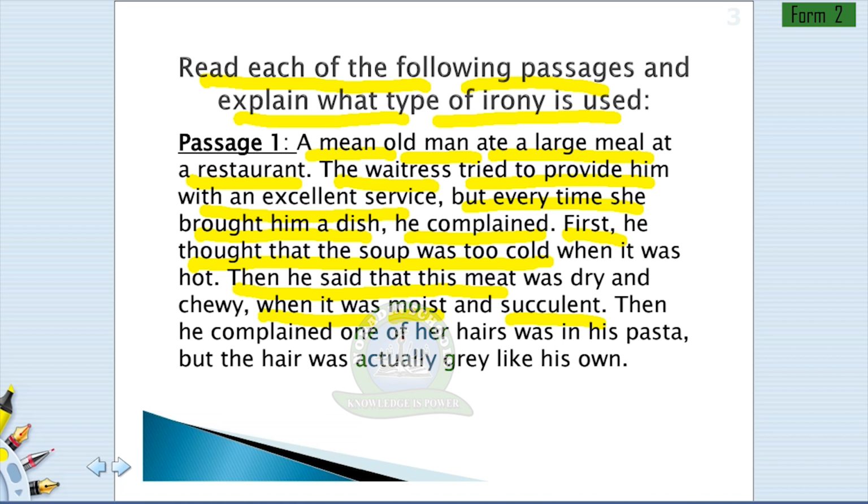Then he started to complain again. He complained one of her hairs was in his pasta. But on the other hand, the hair was actually gray like his own. Let's proceed.